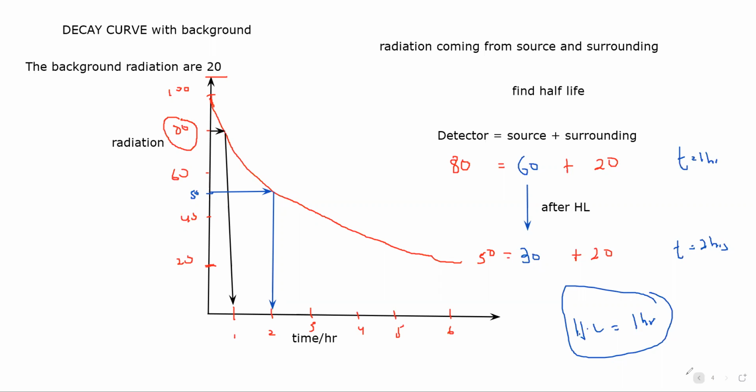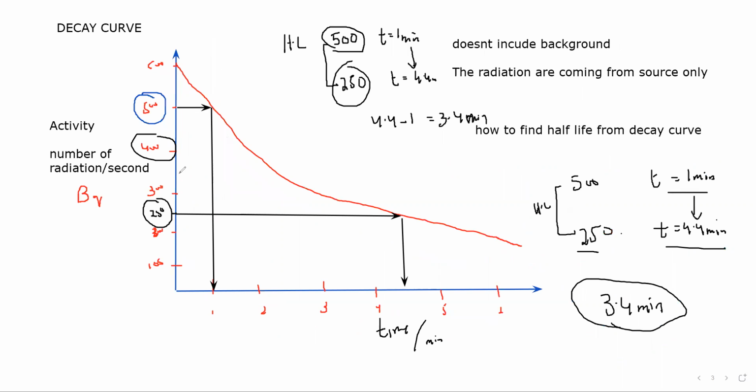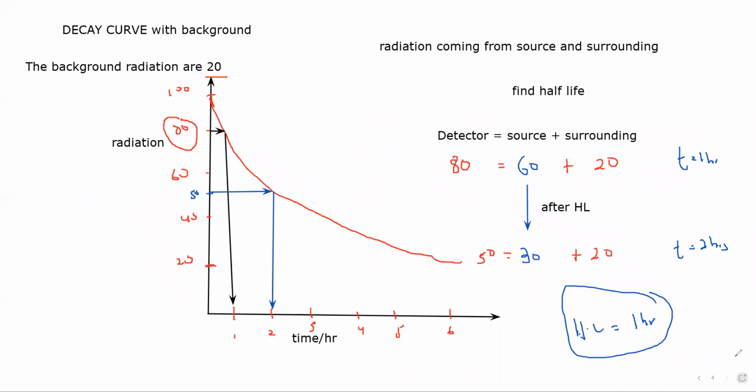In half-life questions without background radiation, after a half-life all the radiation is from the source, so it will become half of its original value. Any doubt in this?